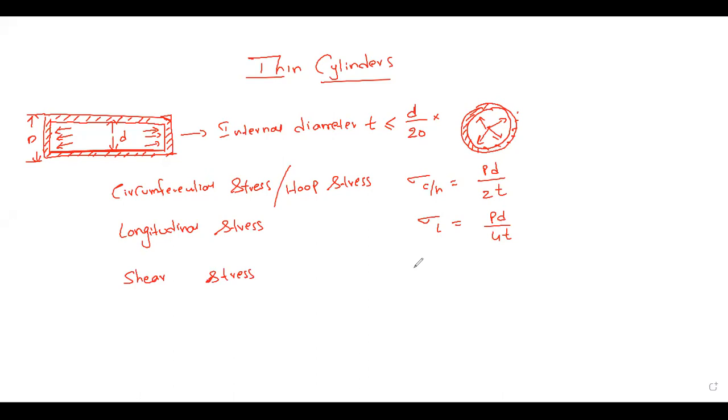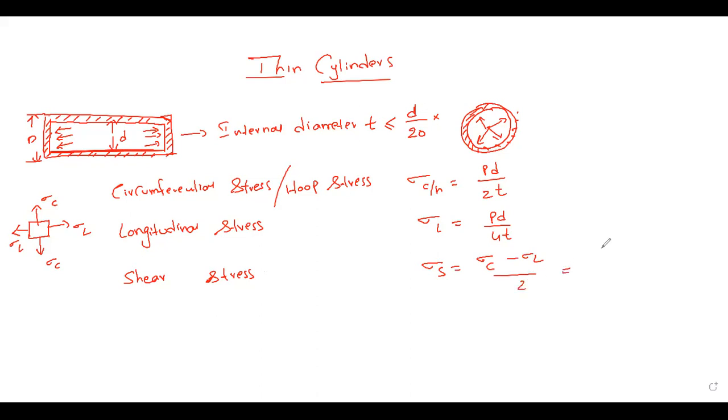And there will be another stress, which is a shear stress. Why? Because if you take any particular strip or shell in this, the stresses are mutually perpendicular to each other. So there will be a shear stress which acts along with these two stresses, given by sigma C minus sigma L by 2.